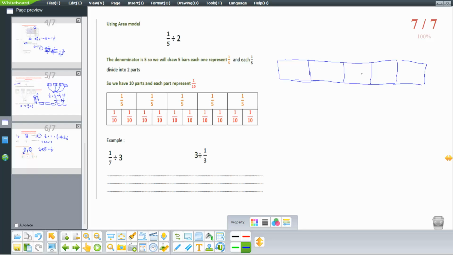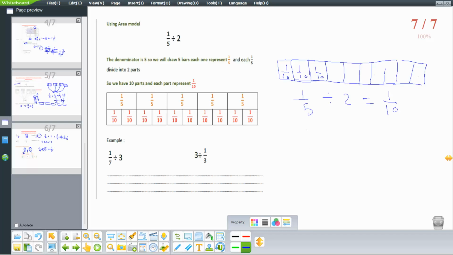This is the 5 bars, and each bar will be divided into 2 parts. So now how many bars do we have? 1, 2, 3, 4, 5, 6, 7, 8, 9, 10. So each one represents 1 over 10, and so on. So 1 over 5 divided by 2 means 1 over 10.